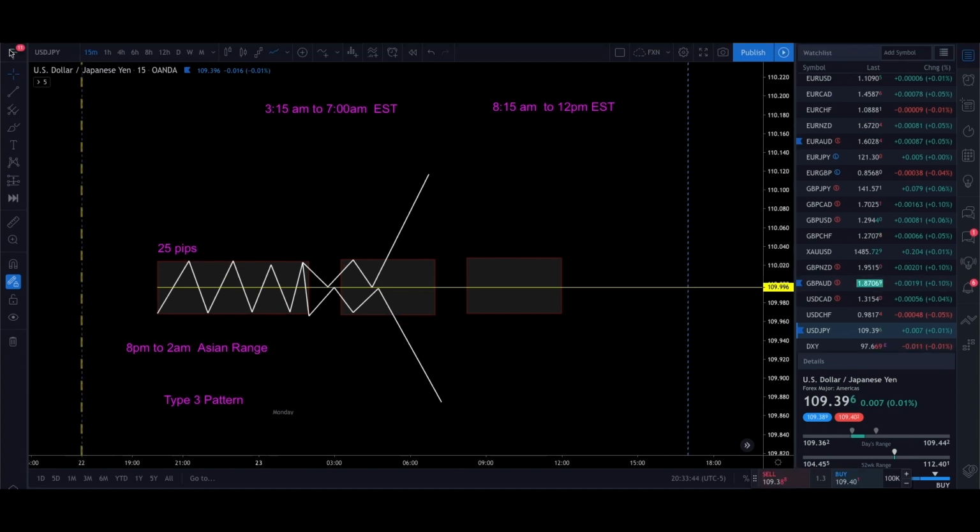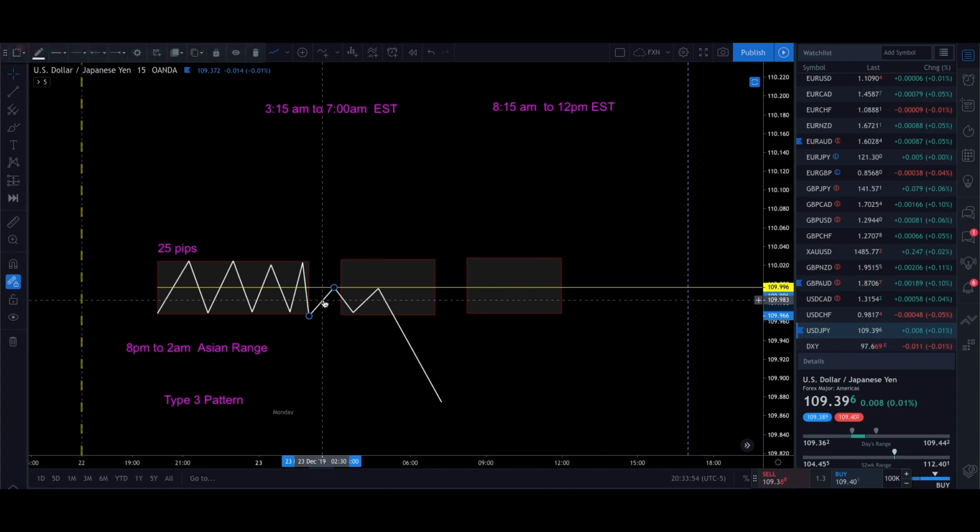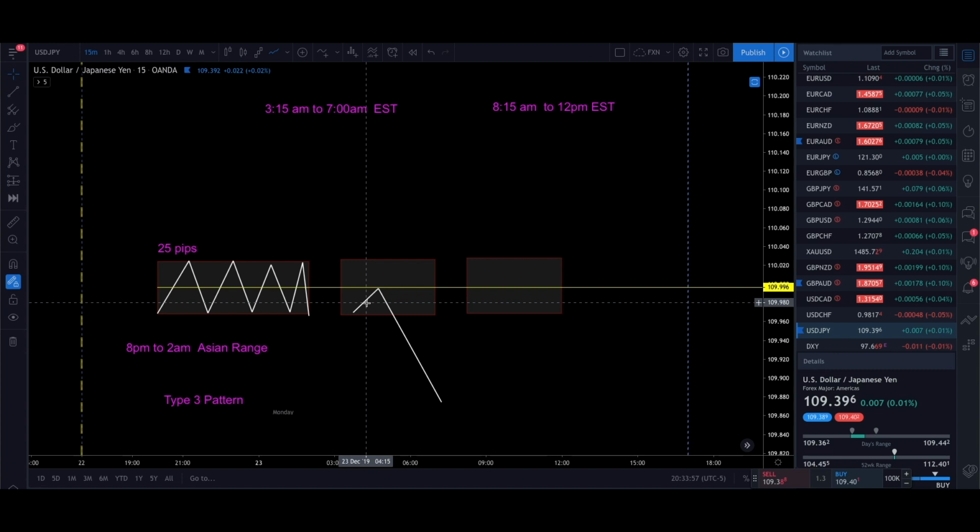Now, some very important characteristics of a type 3 setup that I want you guys to be aware of, because you will see this happen. So I don't want you to get caught up in bad trades.